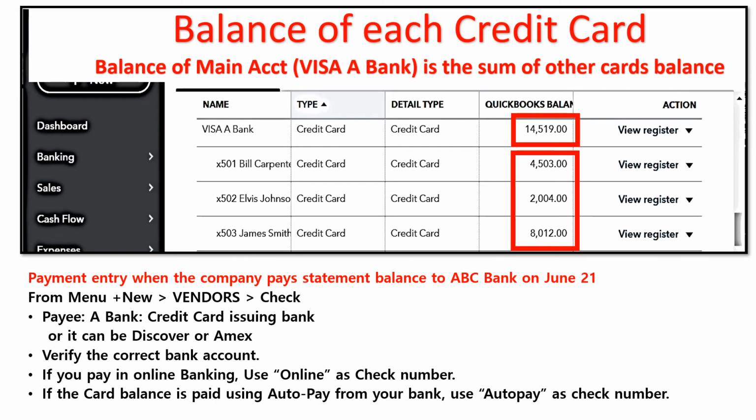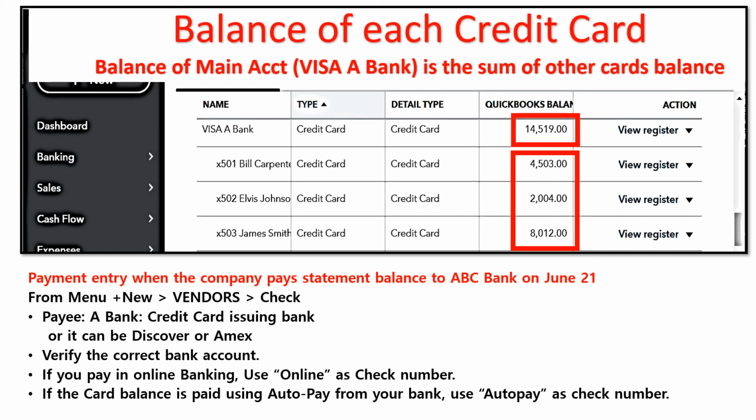So we make a payment entry when the company pays the statement balance to ABC Bank, the credit card issuing bank, on June 21st. From the menu plus new, vendors, check, we put pay ABC Bank. Or it can be Discover, Amex, or any other credit card company.